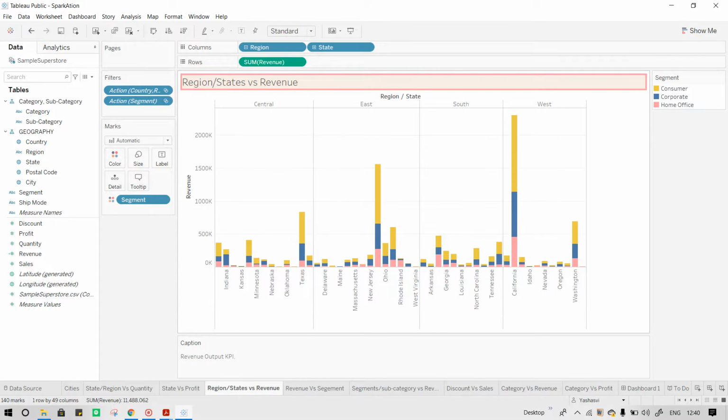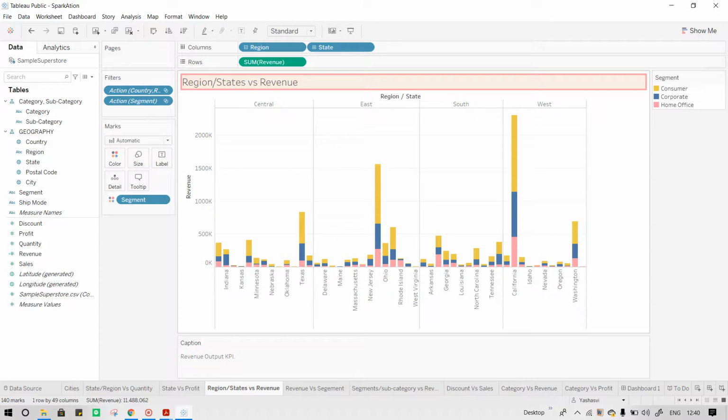In the third sheet, we have segmented on the basis of three segments: consumer, corporate, and home office. Each state, store, and city is quite different from one another. As we can see, in California the consumer products have the highest revenue.